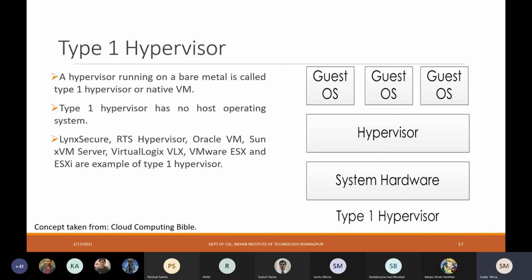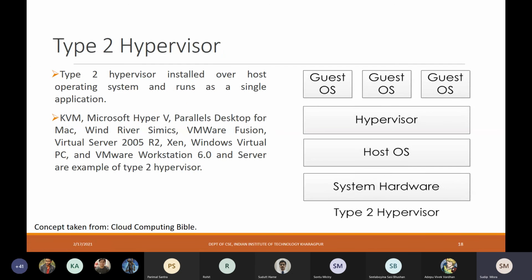Okay. In contrast to this type 1 hypervisor, which, as I said, and is depicted in this figure, runs directly on this bare metal, the type 2 hypervisor has a host operating system on top of which it runs. So this hypervisor runs on a host operating system, and this host operating system belongs to the system hardware, right?